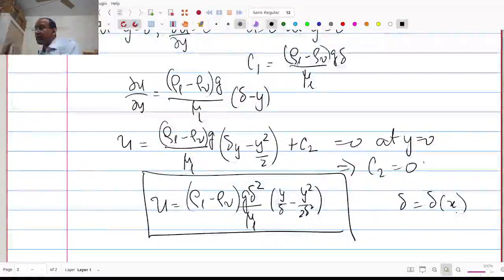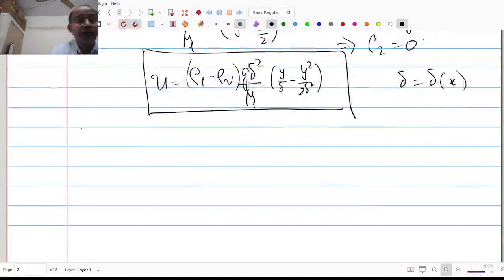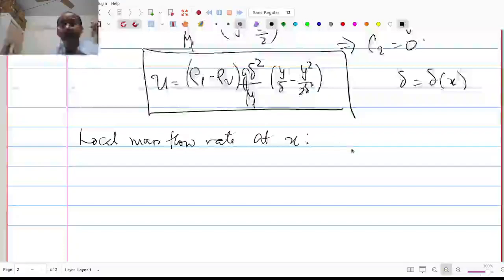Now, if I write the expression for the local mass flow rate at x, we are looking at this diagram.